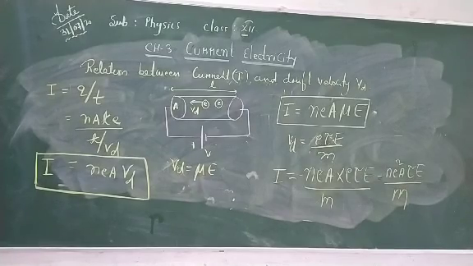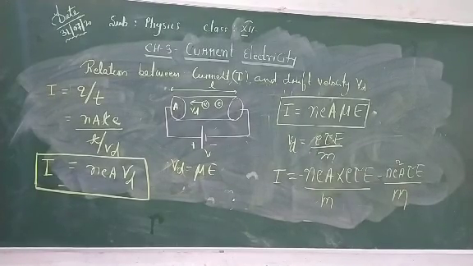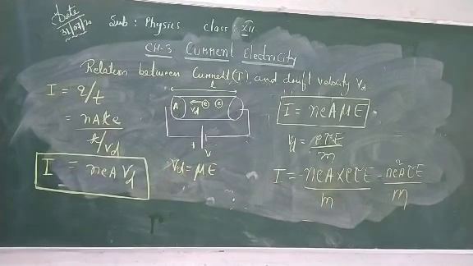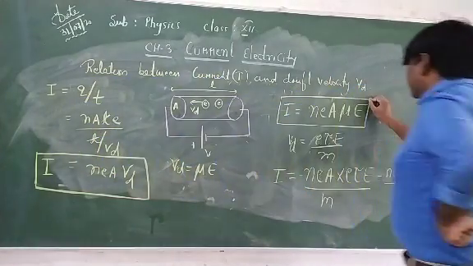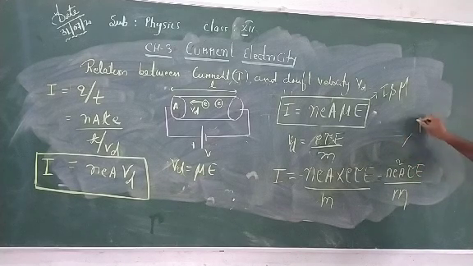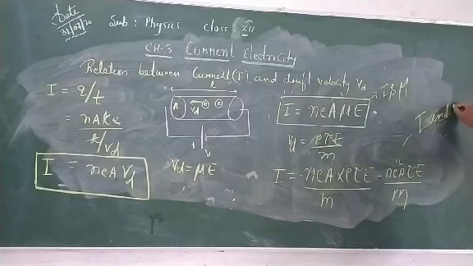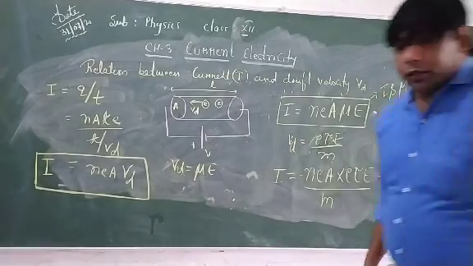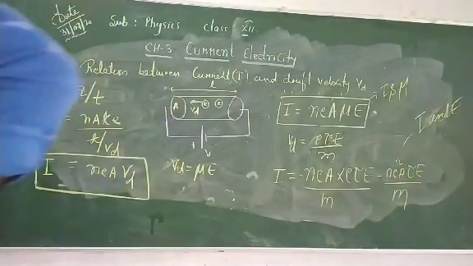Also we have substituted Vd equal to mu E. We have got the relation between electric current and mobility, and also between electric current and electric field. This is the relation between I and mu. This way you can establish different relations.